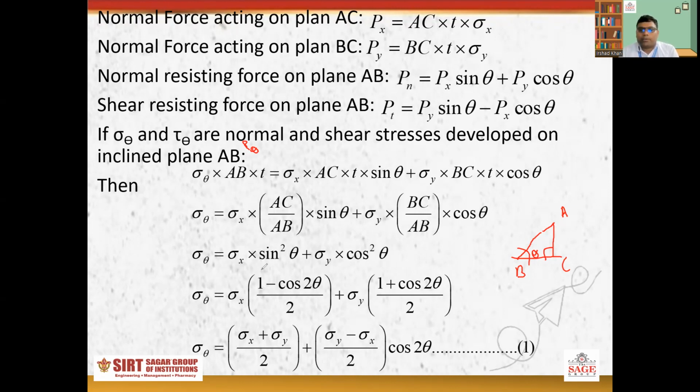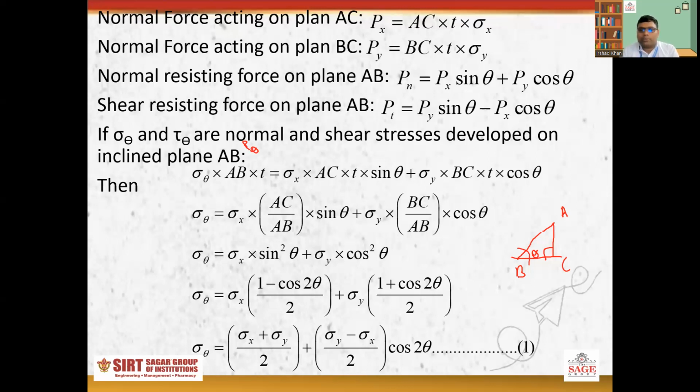Now sine square theta we can write as 1 minus cos 2 theta by 2, plus sigma y, and this cos square theta we can write as 1 plus cos 2 theta by 2. Let's open this bracket and rewrite. So it becomes sigma x plus sigma y by 2 plus sigma y minus sigma x by 2 cos 2 theta. This is the final expression for the normal stress which is acting on the inclined plane.